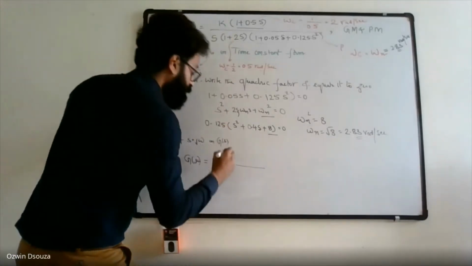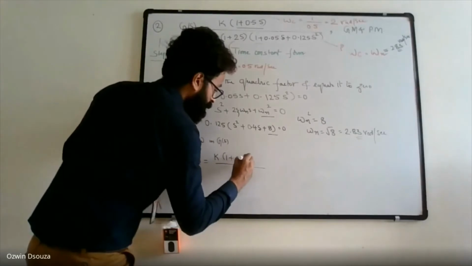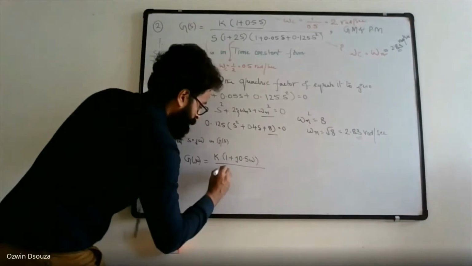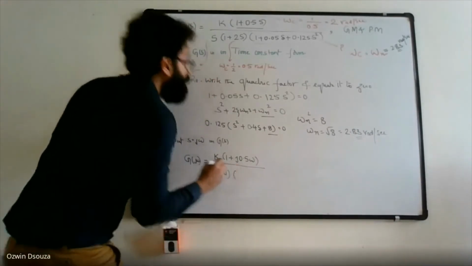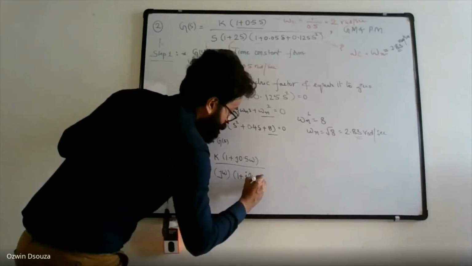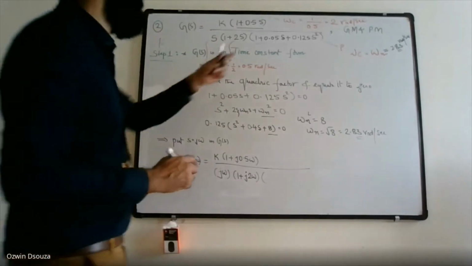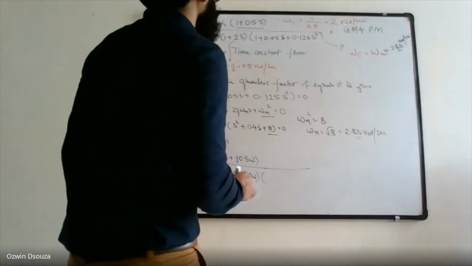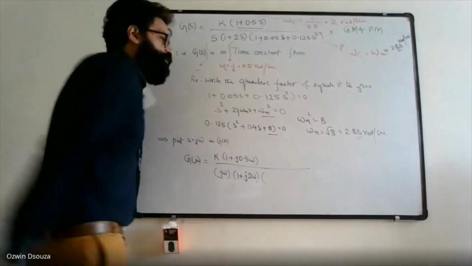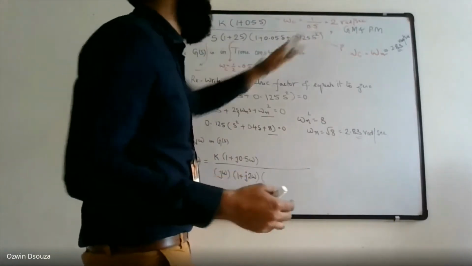K into 1 plus j 0.5 omega, divided by j omega into 1 plus j 2 omega, into 1 minus 0.125 omega square.